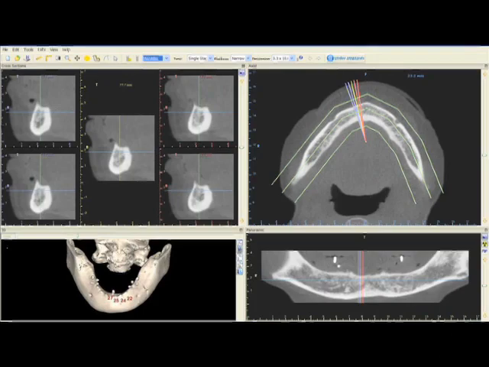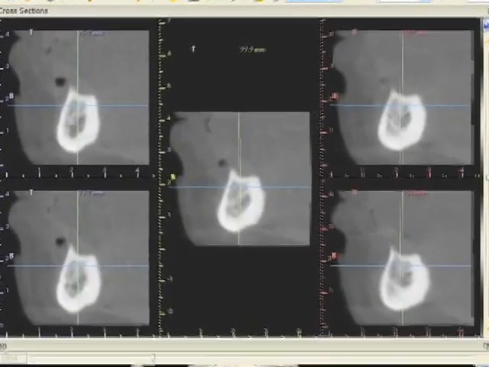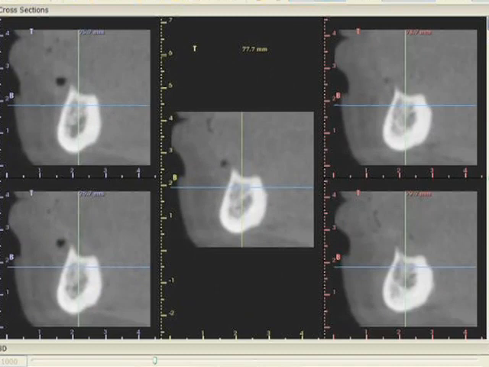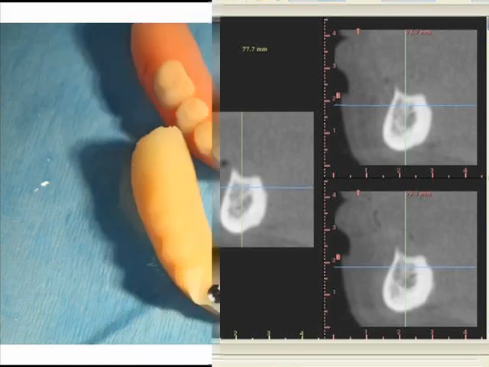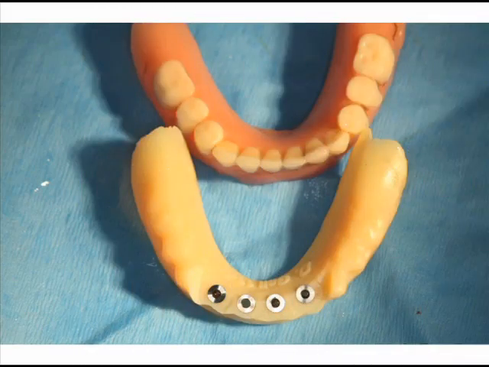We'd like to demonstrate the three-dimensional view of the CAT scan, which reveals a relatively short, wide ridge with a thick cortical plate. Utilizing the patient's existing denture, we were able to plan the case from a surgical and a prosthetic perspective.